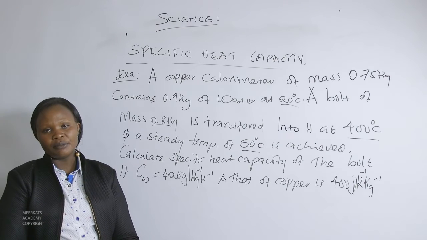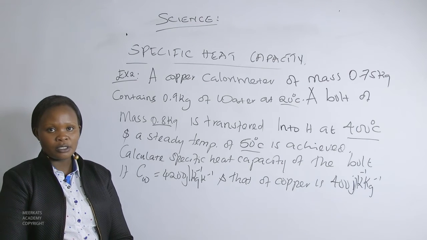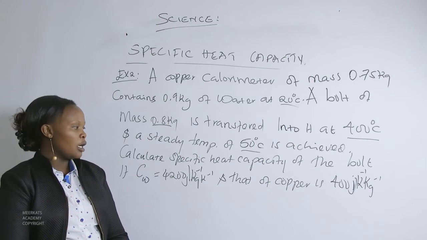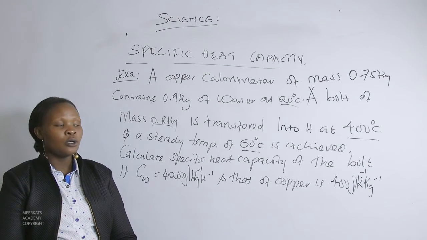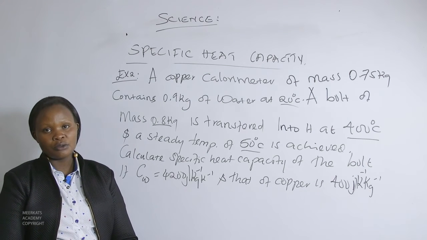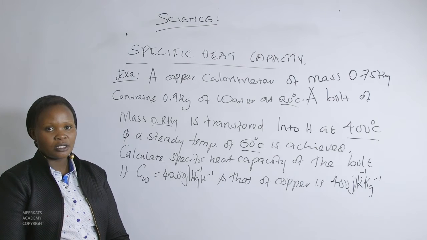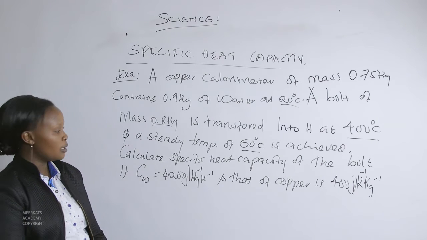Now, having been given the specific heat capacity of the water as well as the material of the calorimeter, we are supposed to get the specific heat capacity of the bolt.